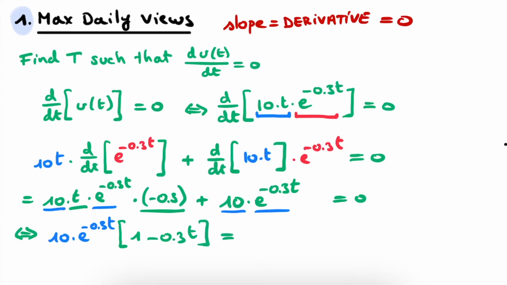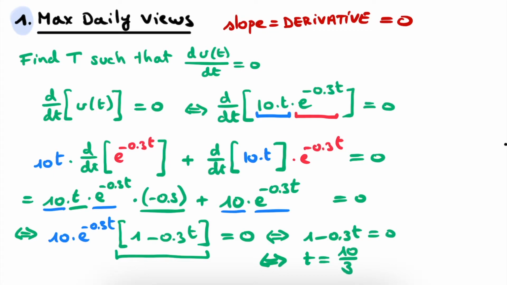And now we need to find the specific t for which this is equal to 0. And of course we see that this is only possible when this factor here is 0. So we know that what needs to be 0 is 1 minus 0.3 t, and rewriting this even further, we get that t has to be equal to 10 divided by 3. And this is exactly our result.